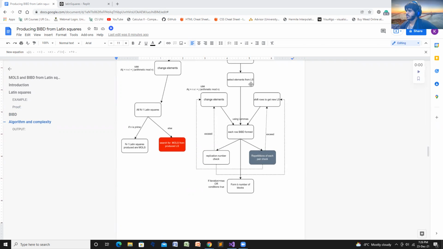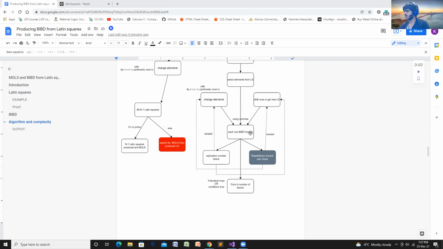Elements will be selected from the Latin square, from which each row of the BIBD, or each block of the BIBD, will be formed. When we select the elements, we'll be getting an incomplete block design, which won't be balanced.